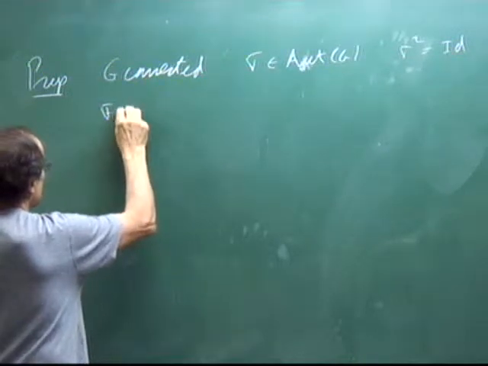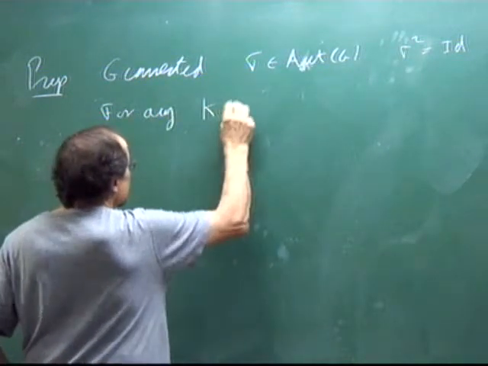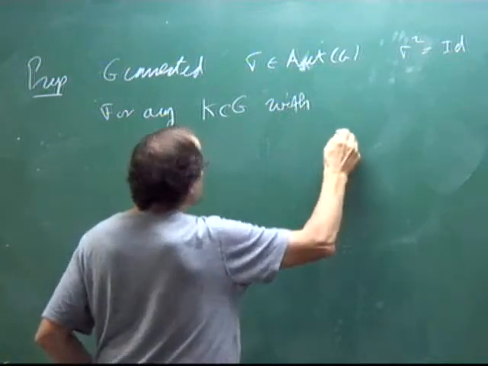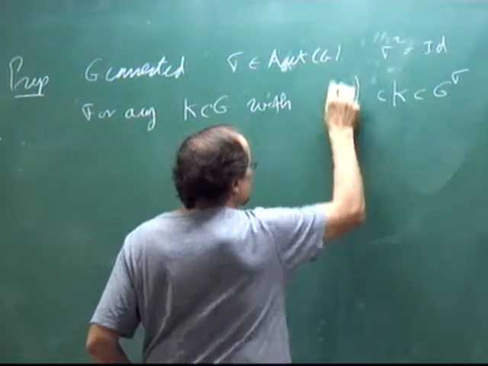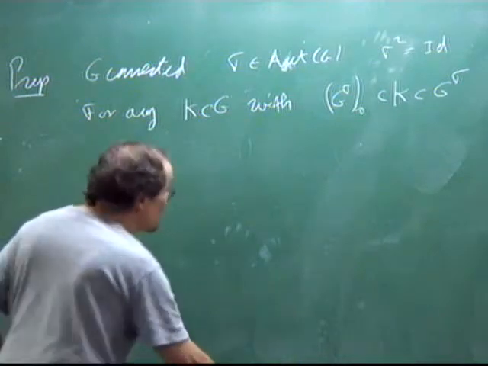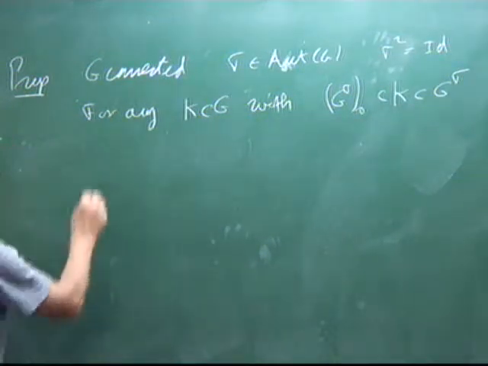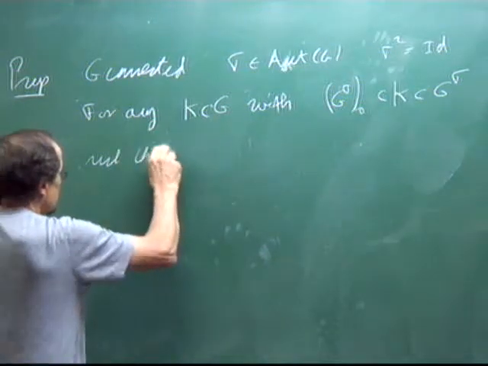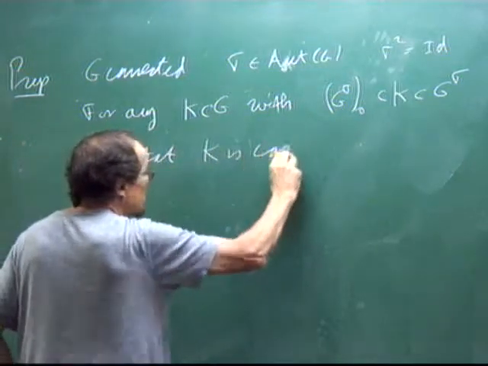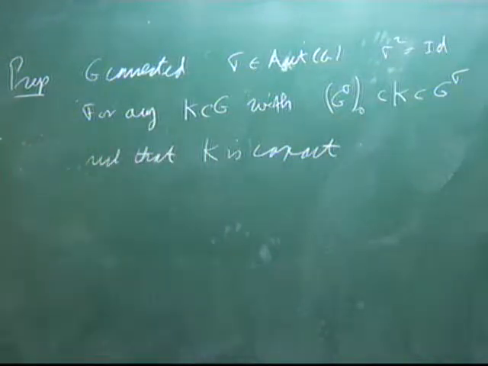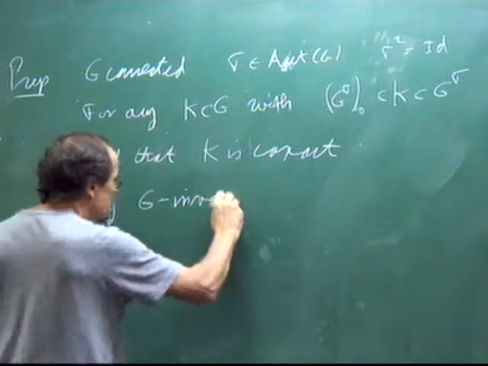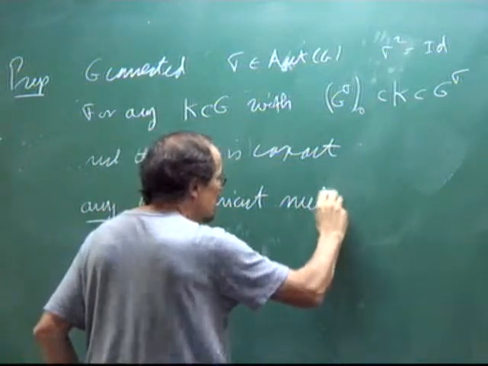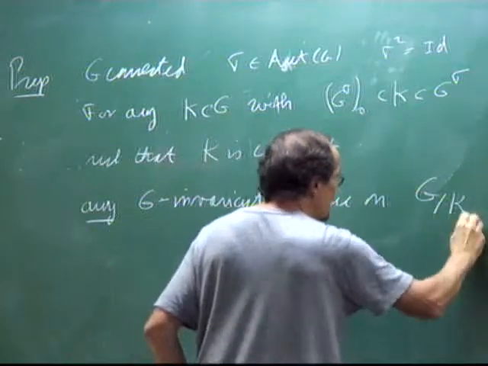And for any K inside G, with K lying inside the stabilizer and containing the identity component, such that K is compact, any G invariant metric on G mod K is symmetric.